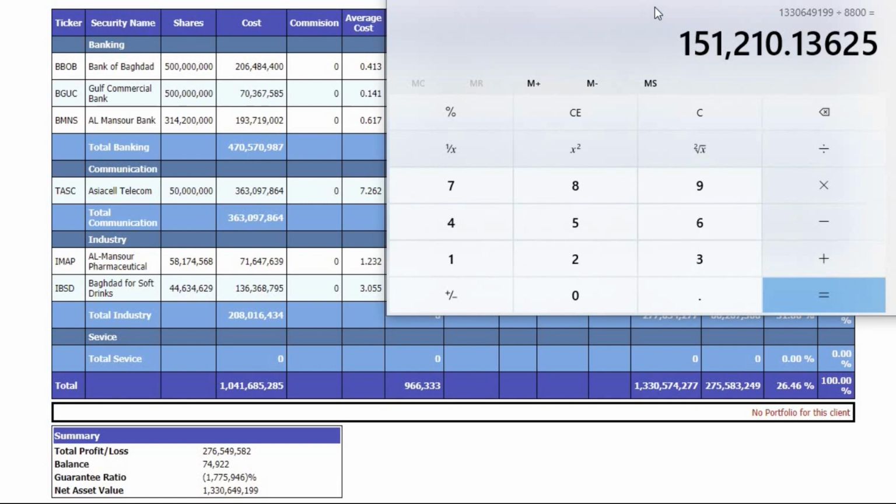So if dinar comes out at $1, you're looking at each block being valued at $151,210. And again, that's with no changes. Everything was the same other than the rate. My belief is that these stocks are continuing to rise.